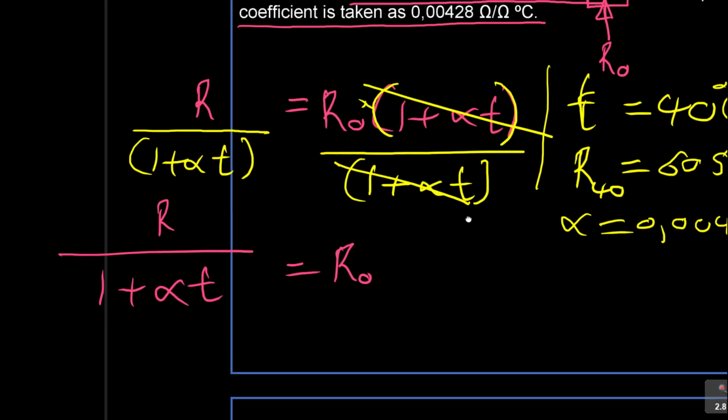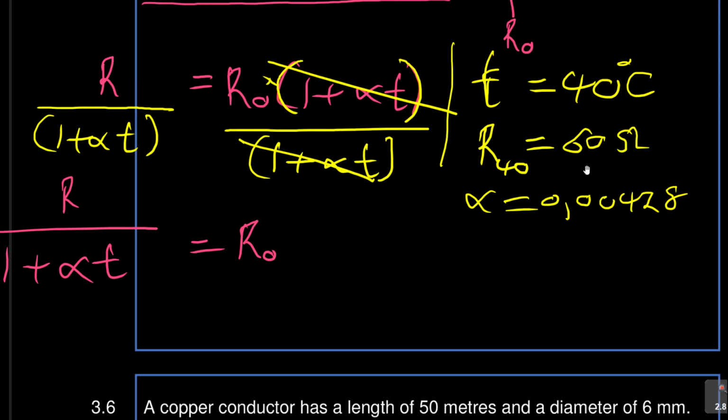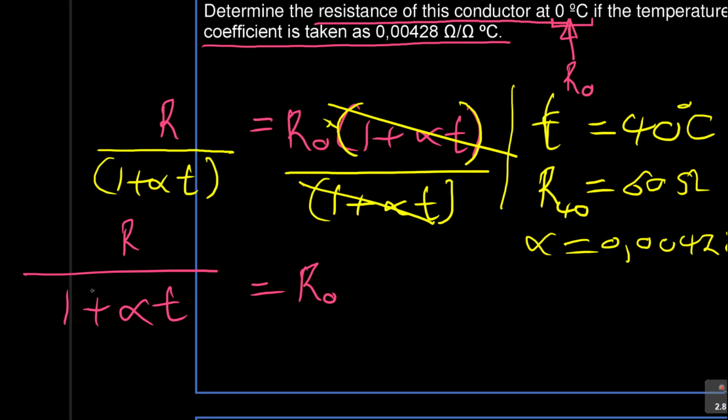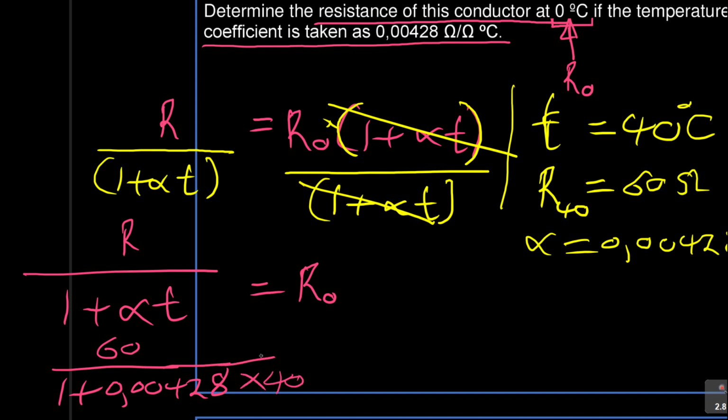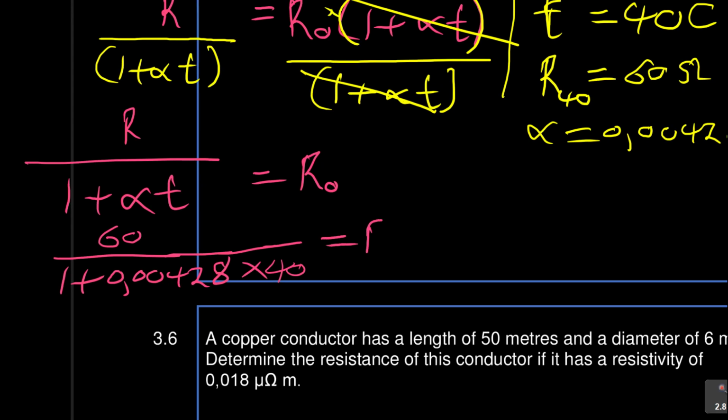At this stage, I can now substitute. They told me the resistance is 60 ohms. So you put your 60 here over 1 plus your coefficient, 0,00428, times the temperature, which was 40. Remember, this must give you an R0 that is even smaller, because the temperature was less.